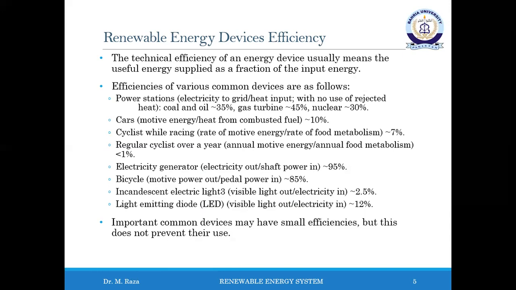An electricity generator normally has up to 95% efficiency. The bicycle has approximately 85% efficiency and lights may have efficiency between 2.5% and 12%. It is clear that important common devices may have small efficiencies, but this does not prevent their use.